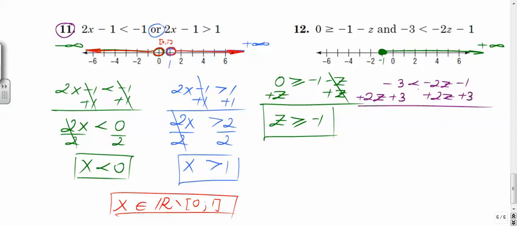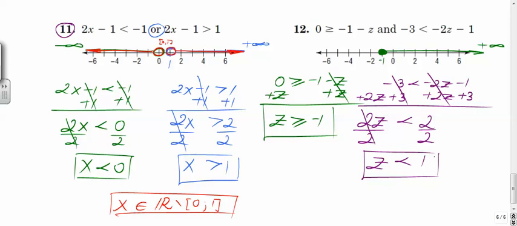I'm just putting 2 steps in one, adding 2z to both sides, adding 3. 2z on the left, minus 3 plus 3 will be 0, less than or equal to negative 2z plus 2z, nothing, minus 1 plus 3 will be 2. Divide everything by 2 to find your z. z less than 1. And that's your second inequality.